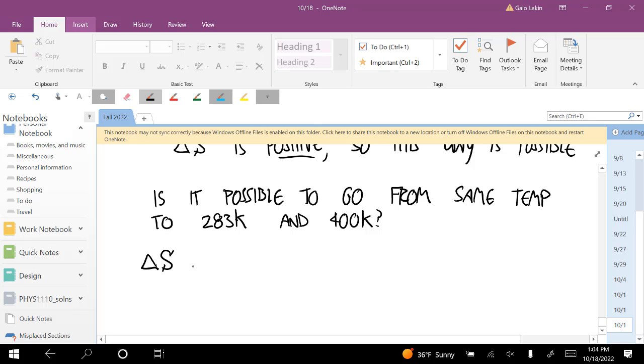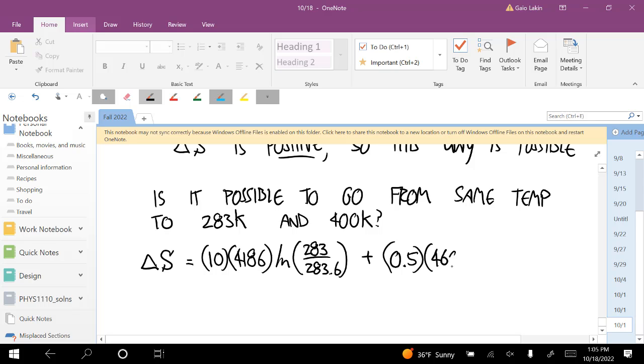So your change in entropy would be 10 times 4186 times natural log of 283 over 283.6, plus 0.5 times 460 times the natural log of, this time, 400 over 283.6.